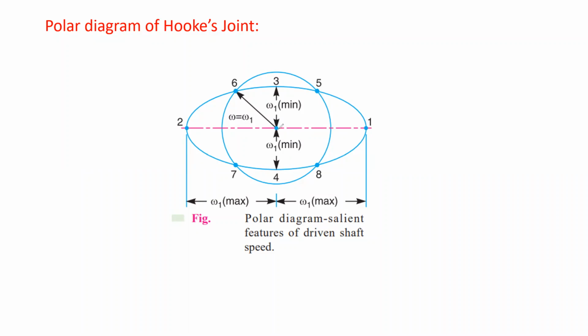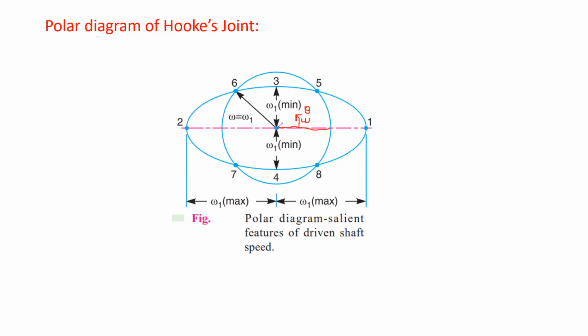You take the radius of the circle equal to omega. As the driving shaft rotates, that is, as theta changes from 0 to 360 degrees, you have to show the value of omega as the radius at that particular angle.